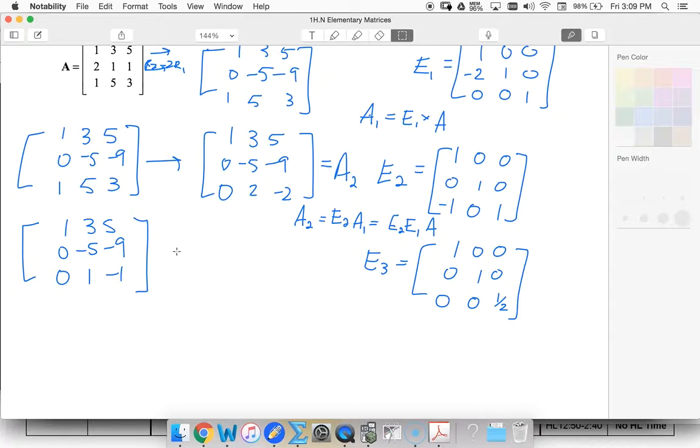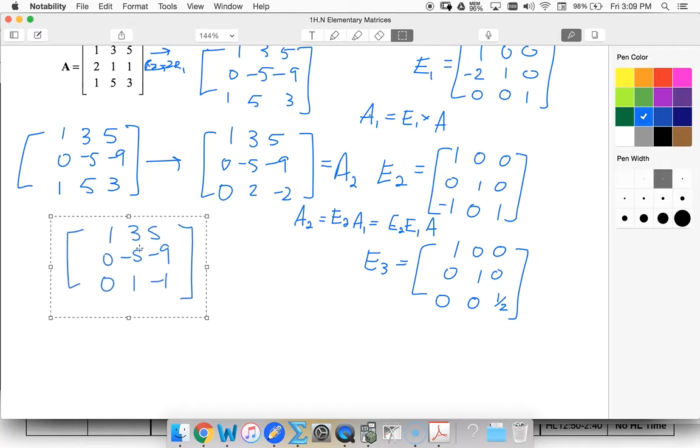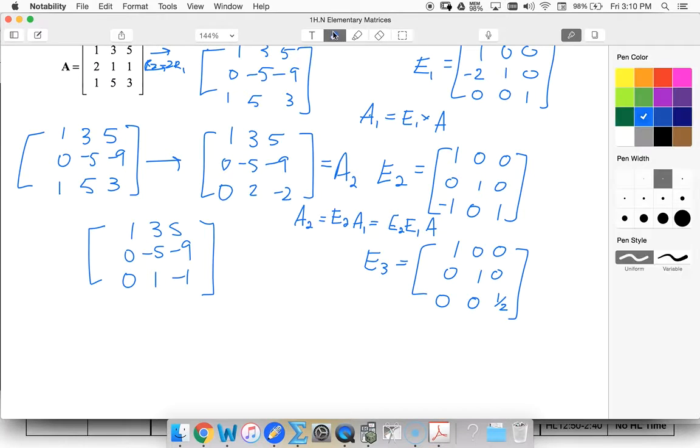So let me slide this one down a bit. This one is now going to be my A3. Now I'm going to get rid of this one, because I'm trying to turn it into my identity matrix. I would end up with 1, 3, 5, 0, negative 5, negative 9.